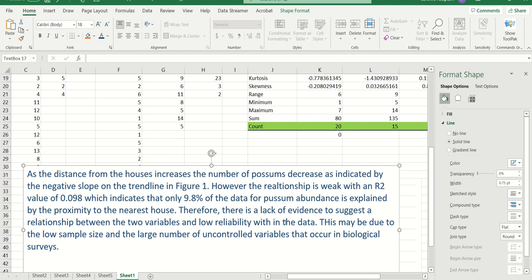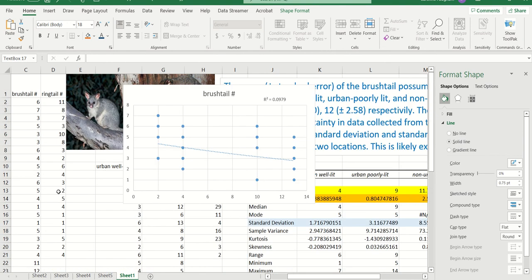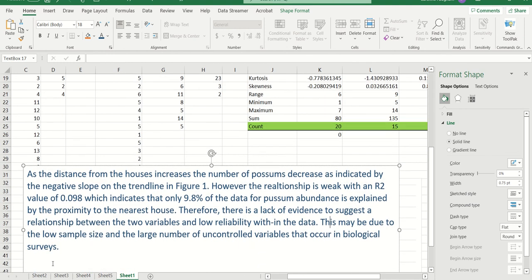That should actually be within. Whatever. This may be due to the low sample size. I mean, maybe. Let's have a look at that. I think the real reason is the large number of uncontrolled variables.